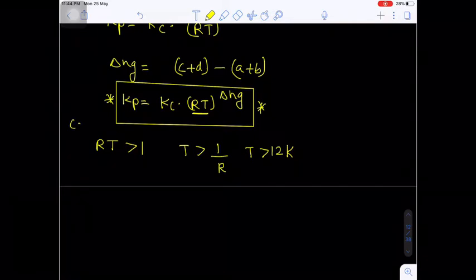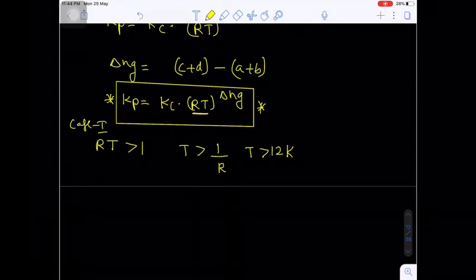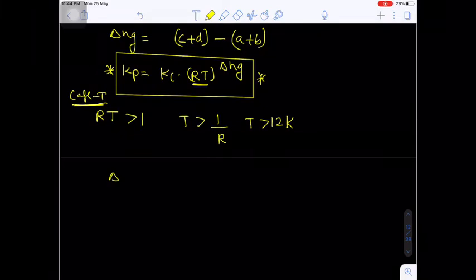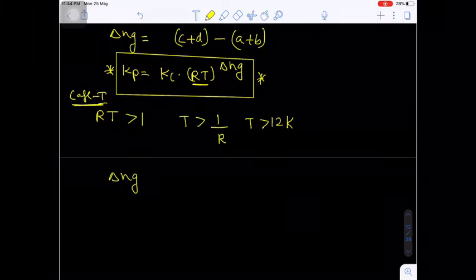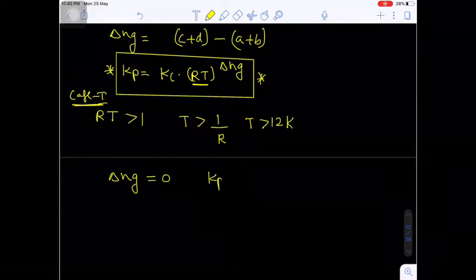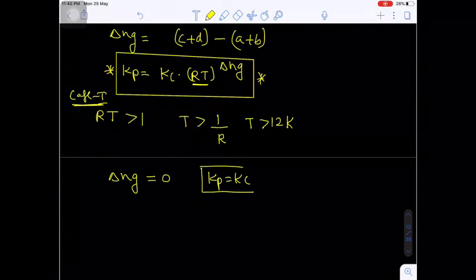This is, let's suppose, the first case. In this first case, again depending upon the delta Ng value, let's suppose 0. That means the number of moles of gaseous reactants equals the number of moles of gaseous products. So there is no change. So if delta Ng value is 0, Kp is equal to Kc. This is very important.